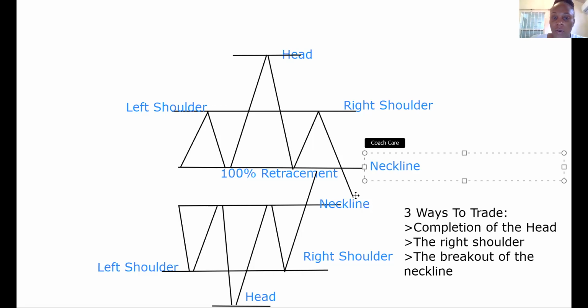So this is a very beautiful pattern. I love head and shoulders and inverted head and shoulders. You should be making notes. You can get a minimum of 3 head and shoulder patterns per week.